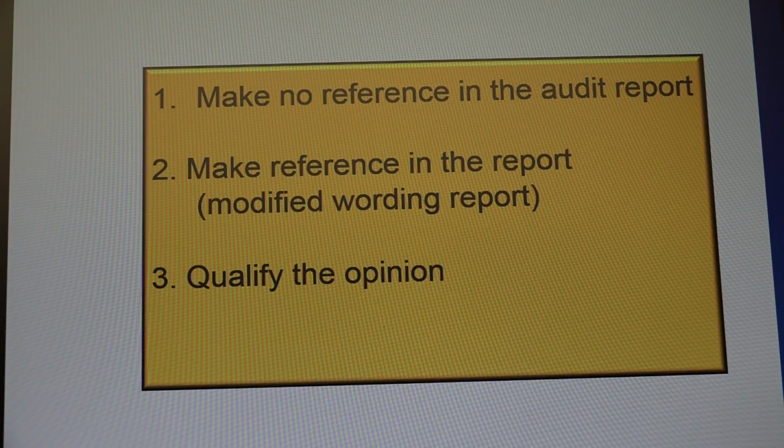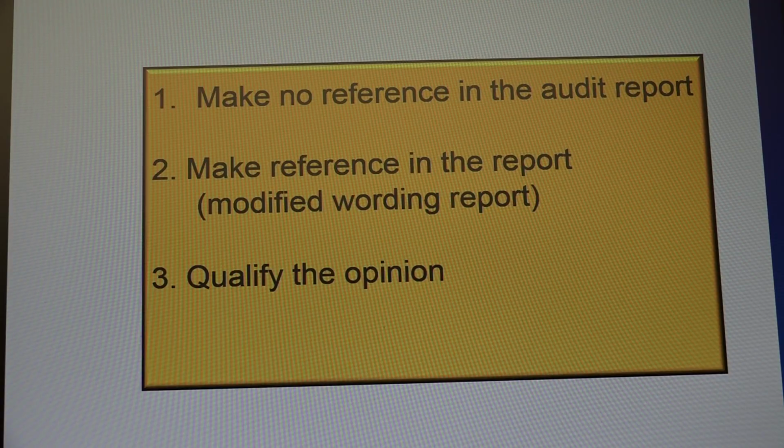And so you have three options here, and it kind of depends on the materiality of the work done by the other auditors. If what the other auditors did is fairly immaterial when looking at the whole of the audit, in other words, you had a different firm auditing a small subsidiary of a multinational company.